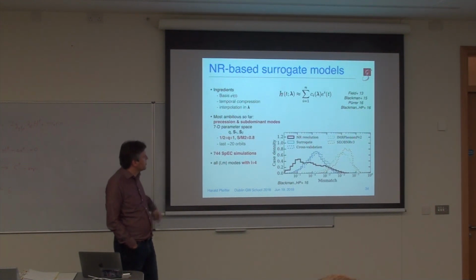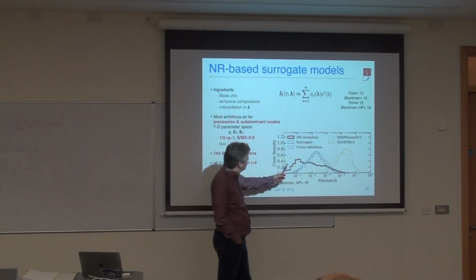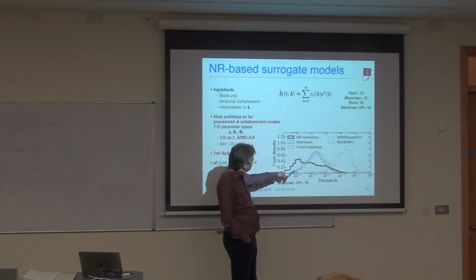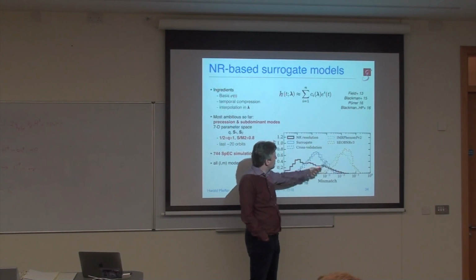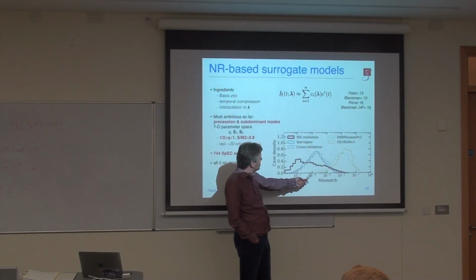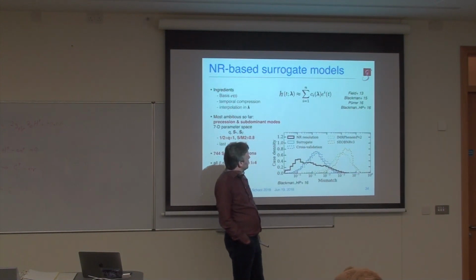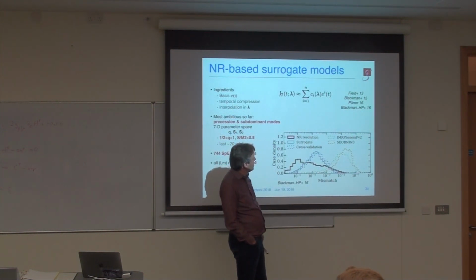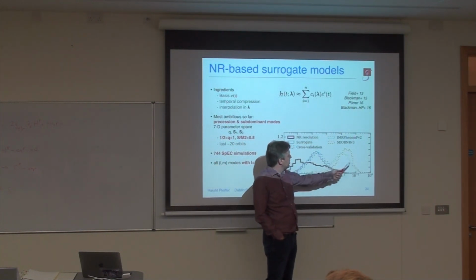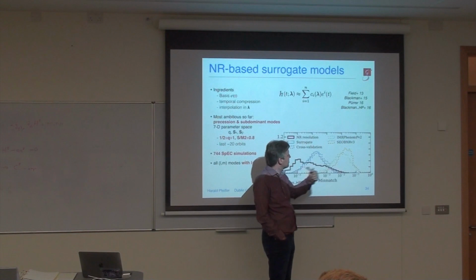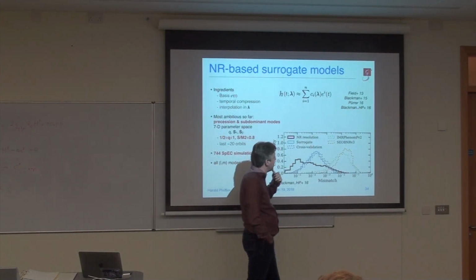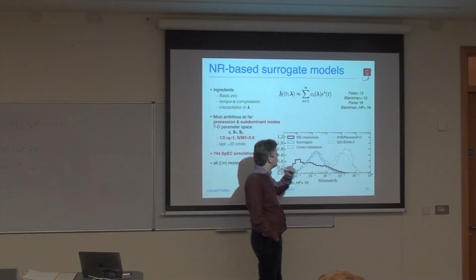So in this particular case, the blue ones are the errors in the surrogate model, to be clear, mismatches in 10 to the minus 4 and 10 to the minus 3. Whereas comparing to the precessing EOB models and the precessing phenom models, those were having mismatches more like a few percent.